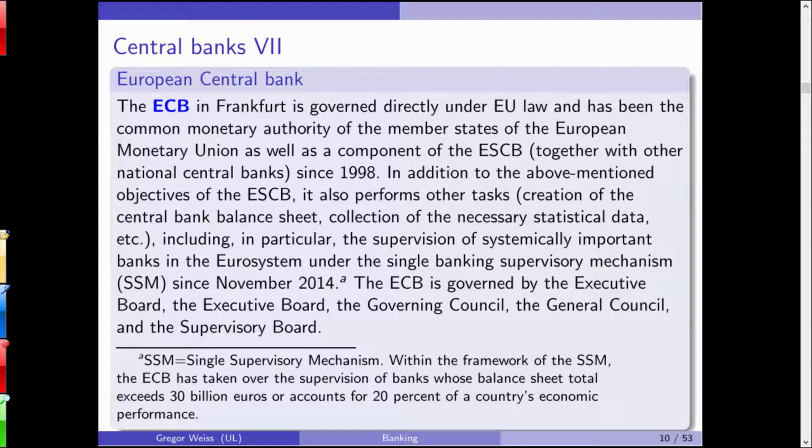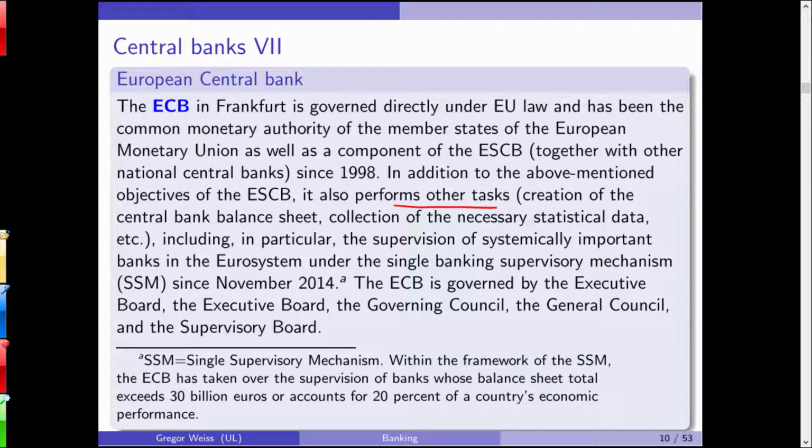And as I've already said, it also performs other tasks, not just central banking. Usually most central banks, in addition to monetary policy and financial supervision and financial stability oversight, also create the balance sheet of the central bank. That's quite clear, but they also have large research departments, and they also collect statistical data.